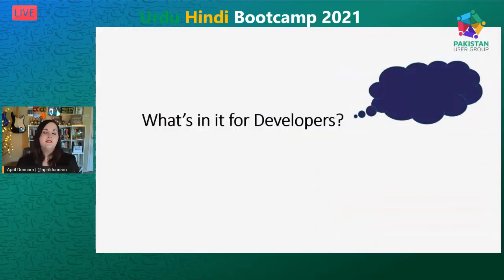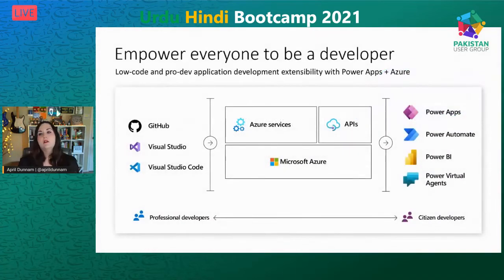So beyond the challenges and opportunity and the fact that low-code is really taking off, what exactly is in it for developers? Well, with the Power Platform, we really do strive to empower everyone to be a developer, regardless of their background and their skill set, given the low-code and the pro-dev application development extensibility with the platform.